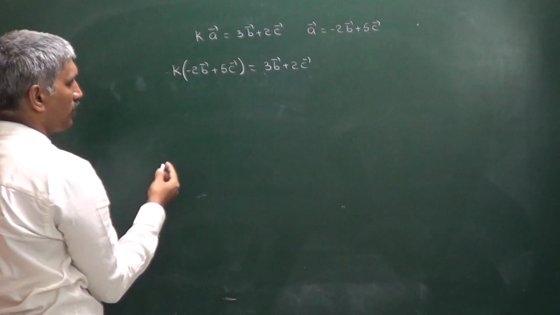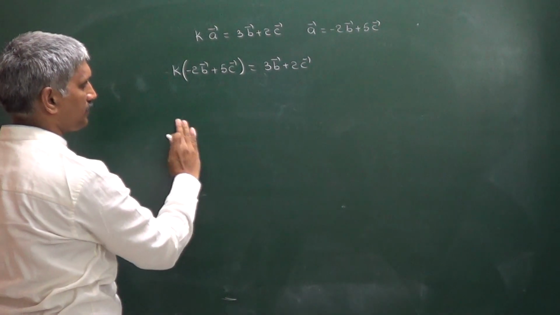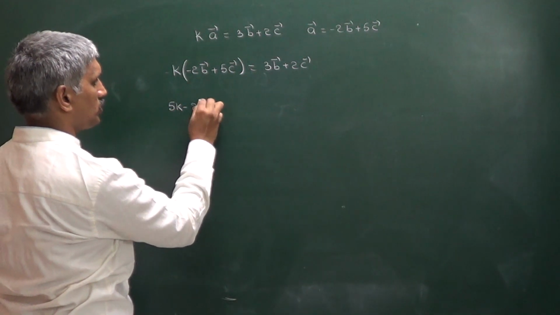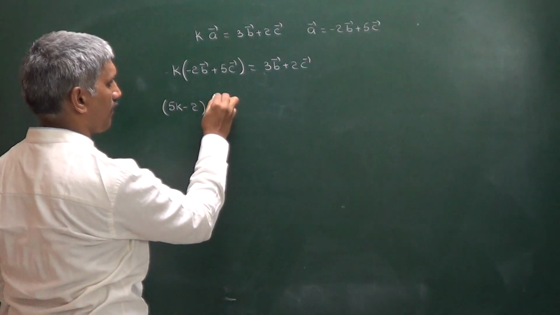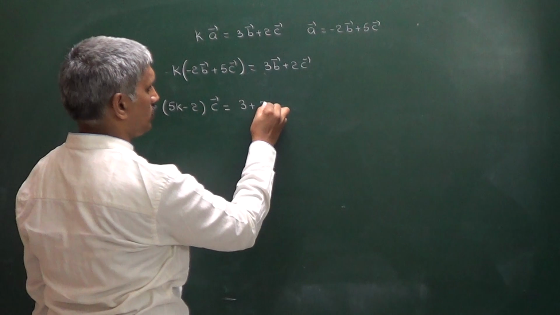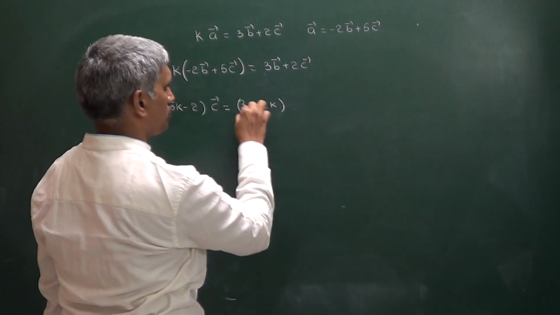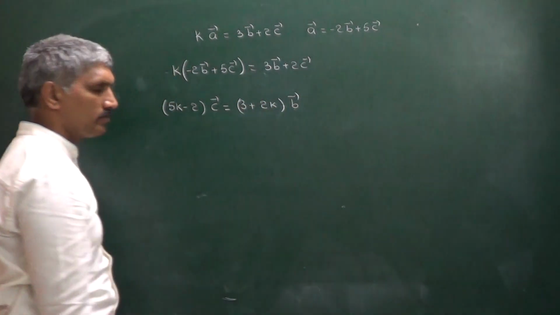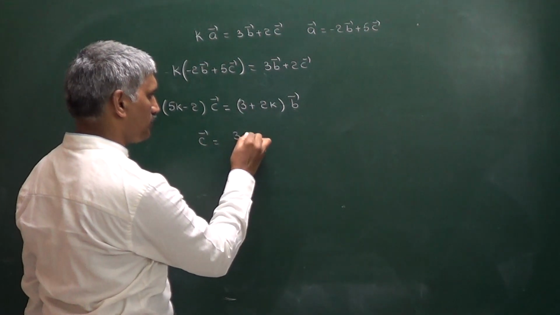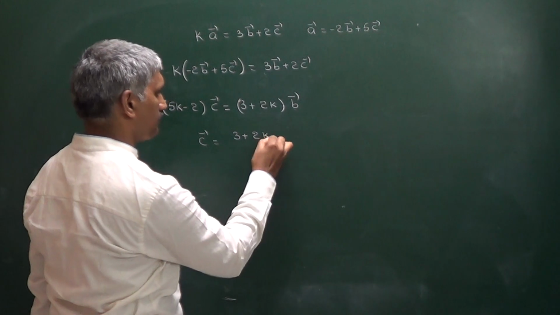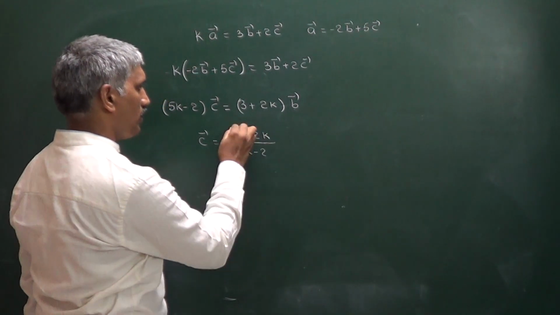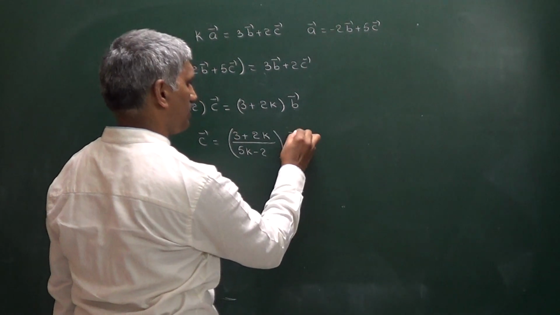Observe here what I am doing. Now I can write this as (5k minus 2) into c bar is equal to (3 plus 2k) into b bar. Right? So therefore c bar is equal to (3 plus 2k) divided by (5k minus 2) into b bar.